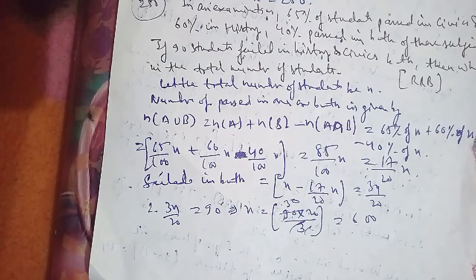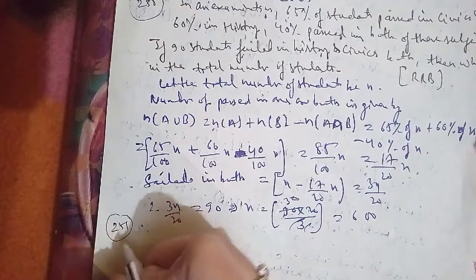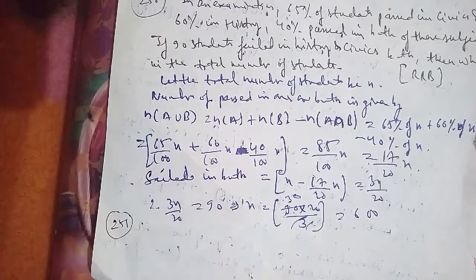Now we go ahead with the next and the last question of the session. That would be the 251st question of the session here, and that is an important one. The question is: in an examination, 35% of candidates failed in one subject and 42% in another subject, while 15% failed in both subjects.